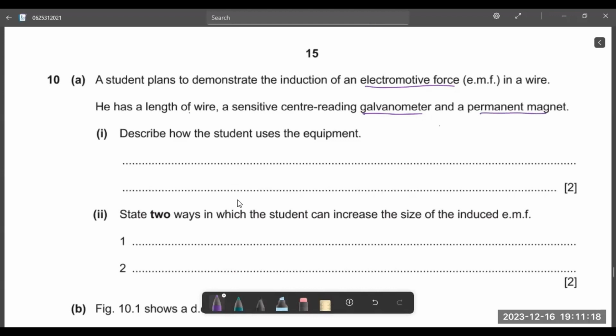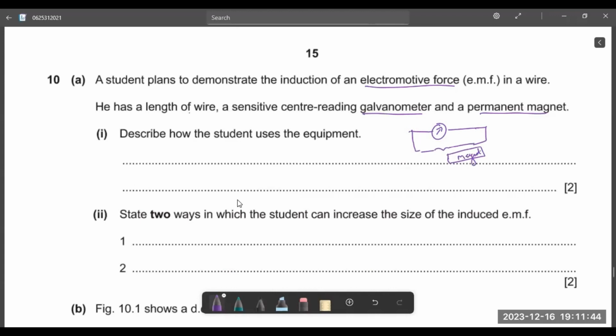So, one galvanometer is there and a wire is there. So we can connect the wire across the galvanometer, and one permanent magnet is there.